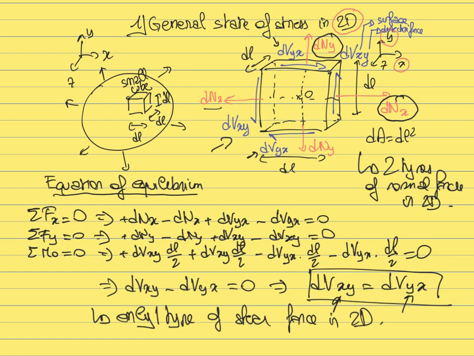So if we want to define the state of stress in 2 dimensions, which is what we are going to do now, there will be two normal forces and hence two normal stresses, one along x, one along y, and only one type of shear stress. Why? Again, because the shear stress along x has to be the same as the shear stress along y.